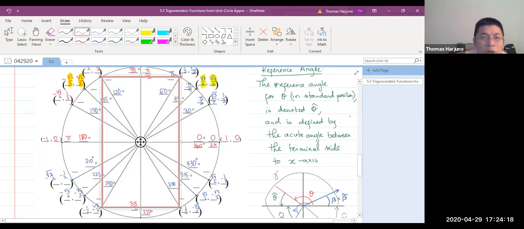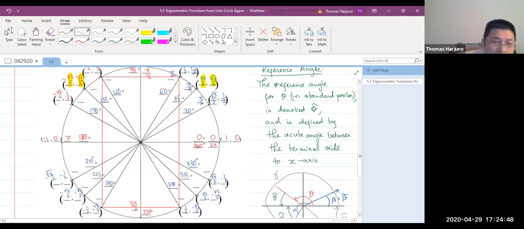Take a look there. Now notice that all the coordinates corresponding to this rectangle here must have the same or opposite x, the same or opposite y's.